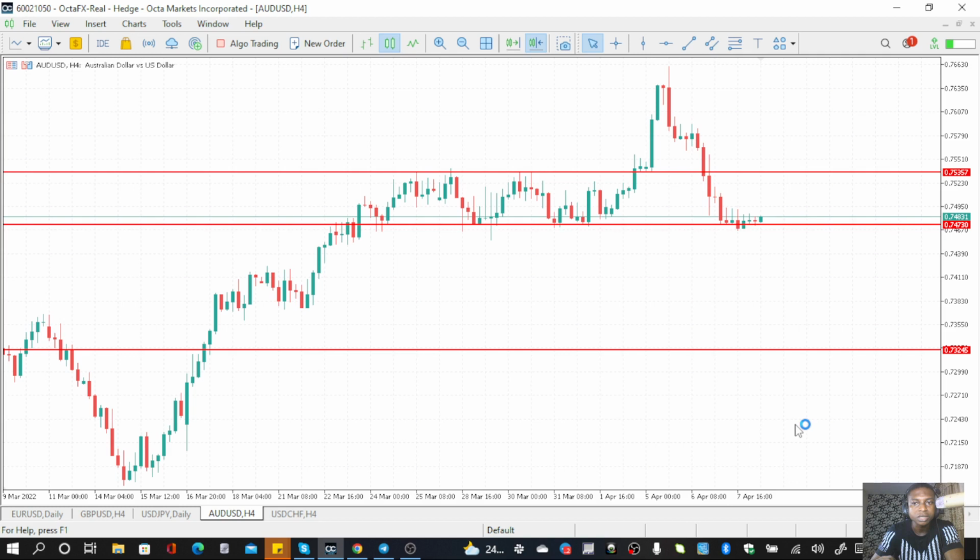So now, when the candle closes outside this line, and the next candle opens and closes below it, then we are looking to short the market, all right. But if the candle closes above this previous 4 hours candle, then we are looking to long the market, probably to this next resistance level or to the next one here.